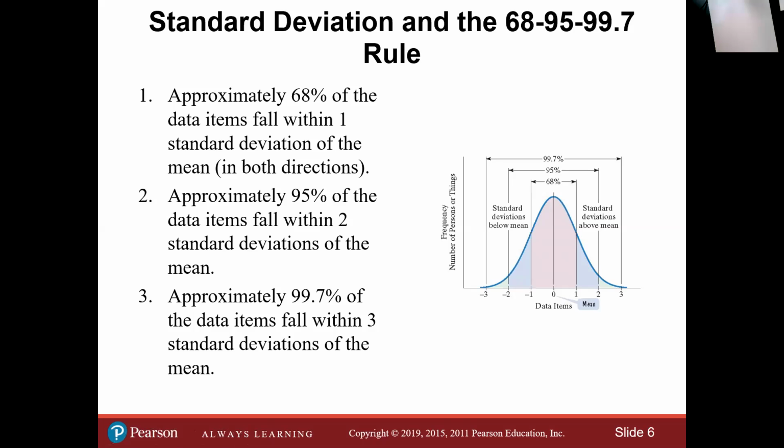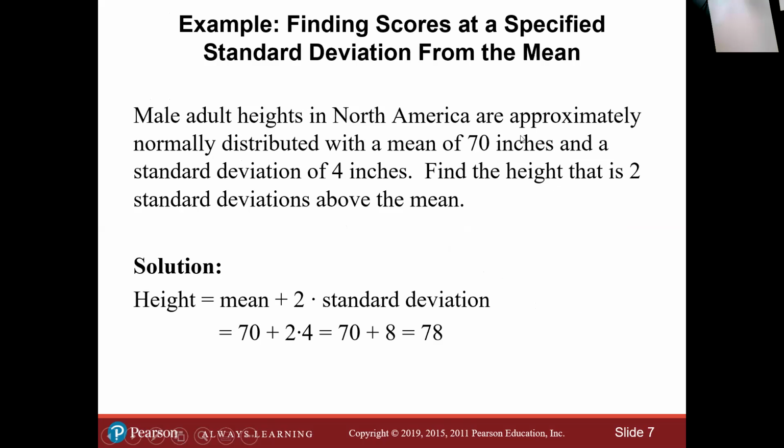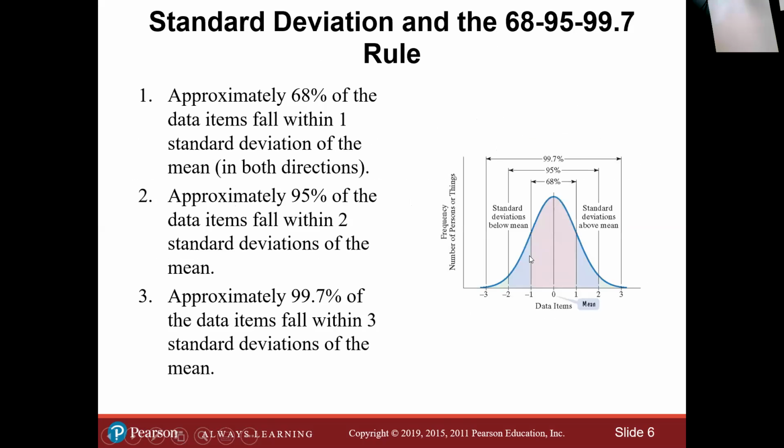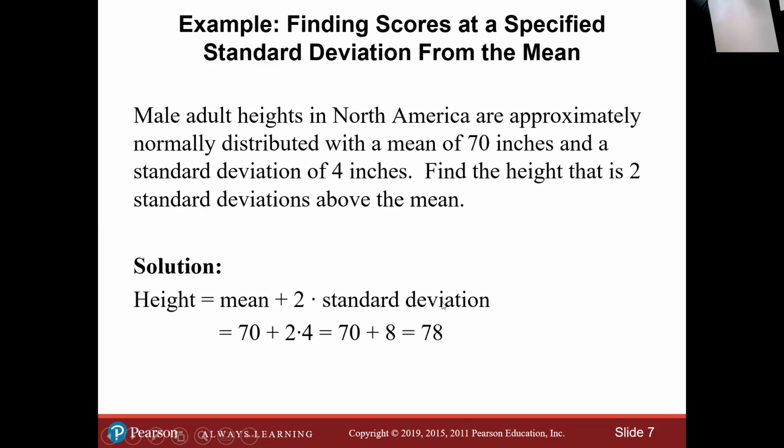The standard deviation is 4 inches, meaning each standard deviation you move away represents 4 inches. If we want to know 2 standard deviations above, meaning to the right, start at the center. This is 70, plus 1 standard deviation is plus 4, plus 2 standard deviations is plus 8. So that'll be a height of 78 inches.